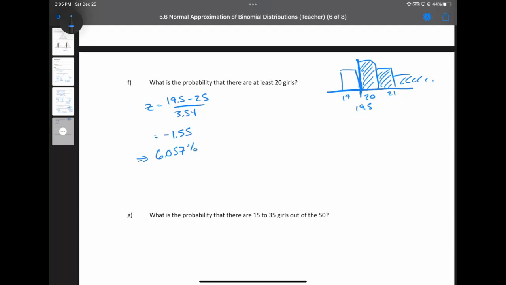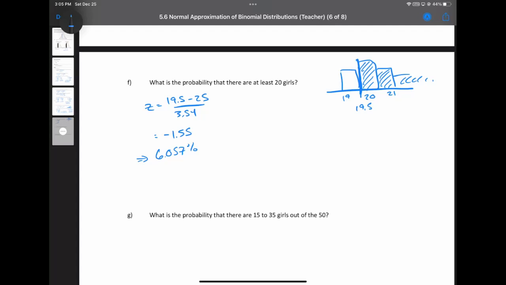Now, if we were going to calculate it up to the 50.5, I want you to keep in mind, it's really saying what percentage of data falls below 50 girls. Well, 100% of data is going to be 50 or lower. It can't be more than 50 girls. So 50 girls or lower, that's going to be 100% of data.